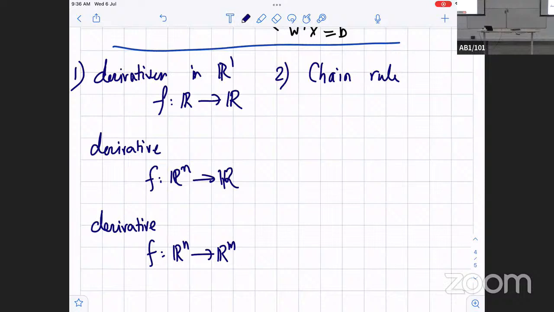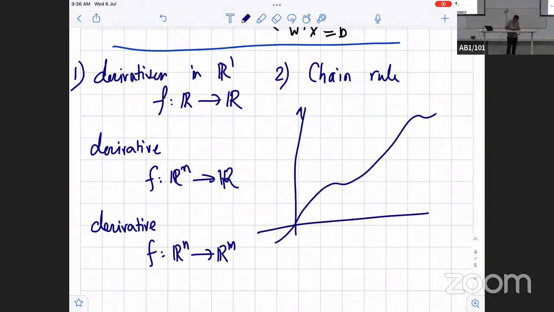I hope you are just shy and not answering. Basically, you look at the function, you plot the function, and at any point you look at the tangent and the slope of that function at that point. That's the derivative.